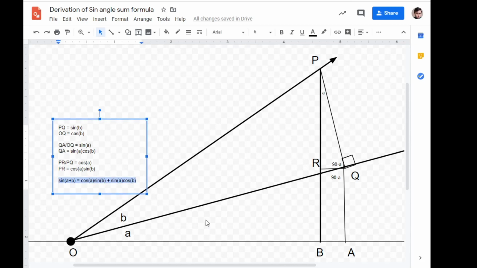Two angles added up, you can determine what the sine is.